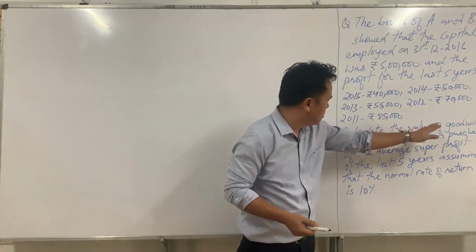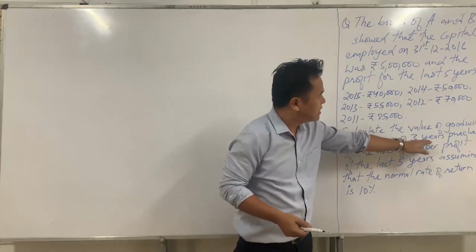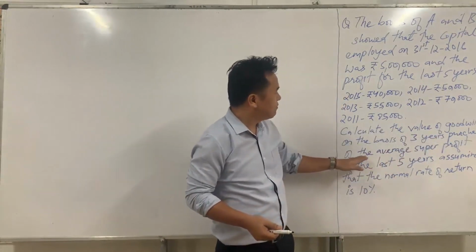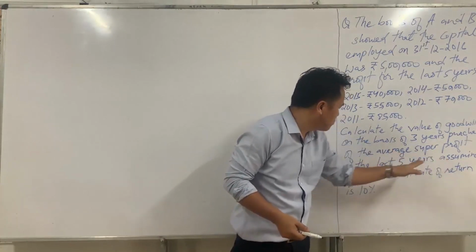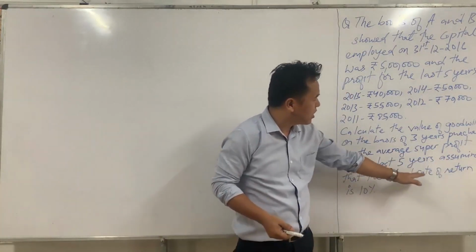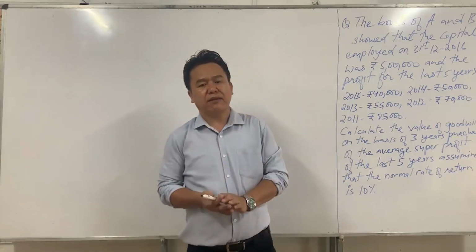Calculate the value of goodwill on the basis of 3 years purchase of the average super profit of the last 5 years, assuming that the normal rate of return is 10%.